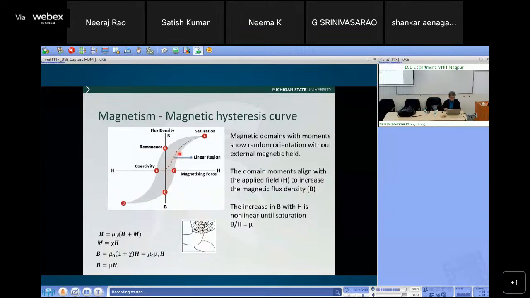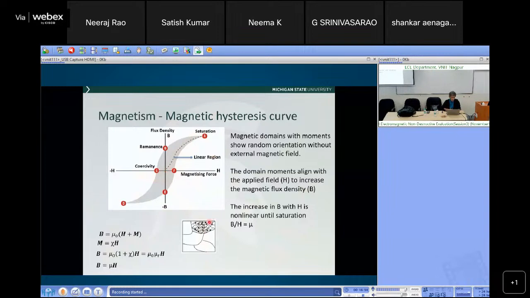So this dotted line is what we call the initial magnetization curve. You start with a totally demagnetized material. On the x-axis is your excitation input, how you magnetize, and this is the flux density, which is due to the magnetism of the material.